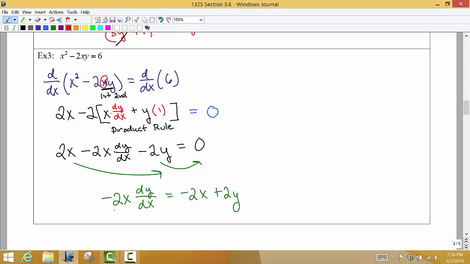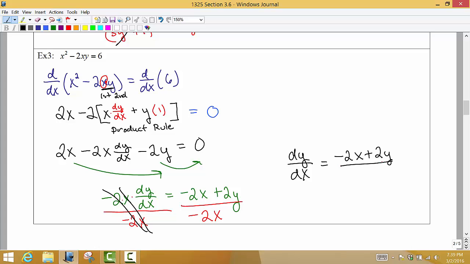And then the last thing you want to do is divide by anything that's being multiplied in that dy dx term. So anything that's not dy dx. So we're going to divide both sides by negative 2x. So our derivative of y with respect to x becomes negative 2x plus 2y divided by negative 2x.